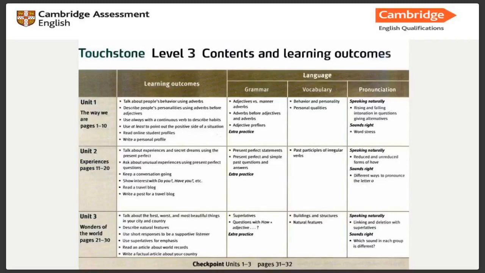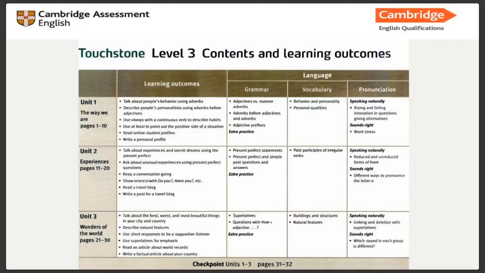Here we can see this for the first 3 units, but it will be similar for the other 9 units, which make up the 12-unit book. The second column will cover the learning outcomes for each unit. Columns 3, 4, and 5 cover the language contained in each unit, split into the categories of grammar, vocabulary, and pronunciation respectively.